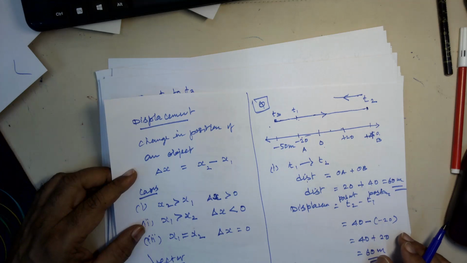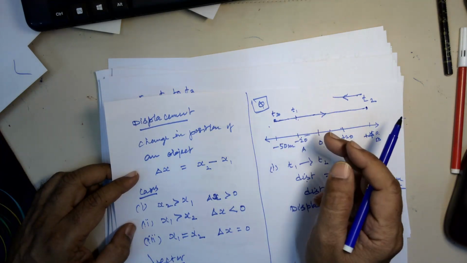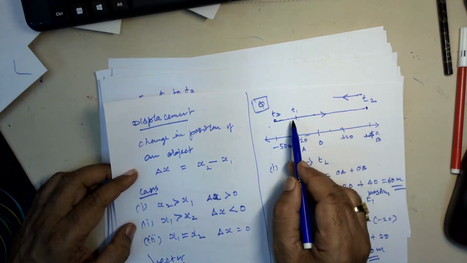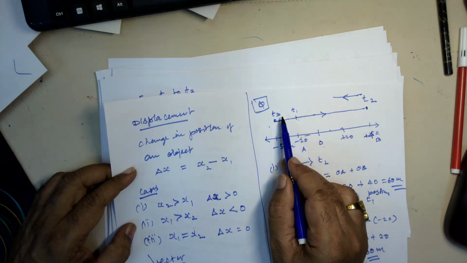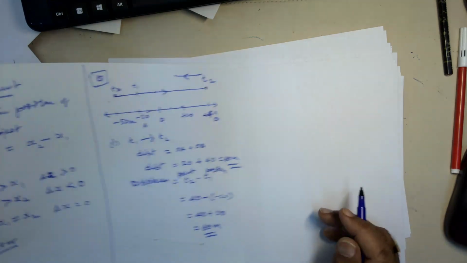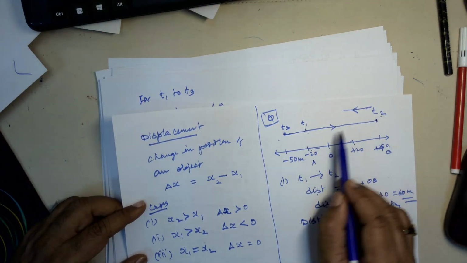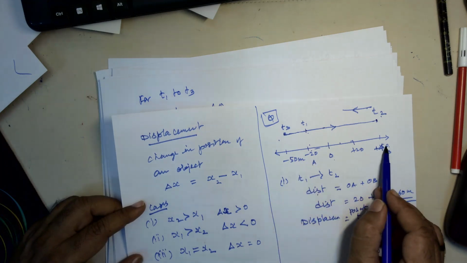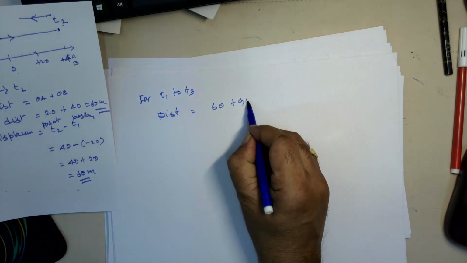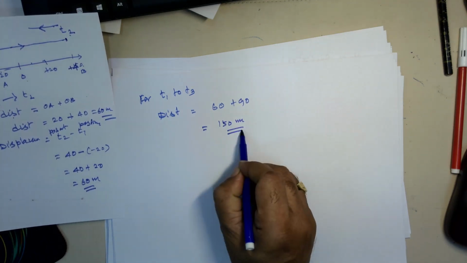And then again he is traveling about 90 meter distance, because this is one distance and this 50 meter to 40 meter is another distance. So you have to say 90 meter. So the total distance is 150 meter.